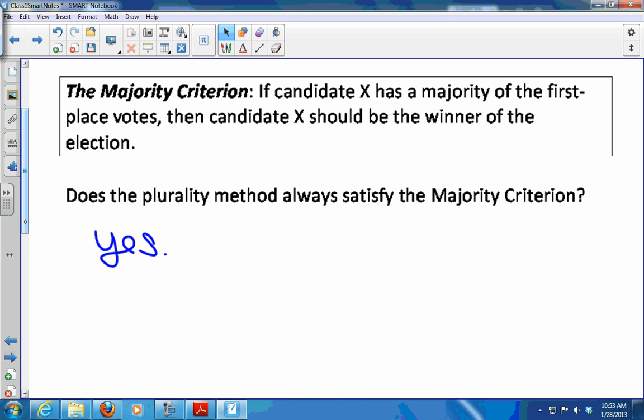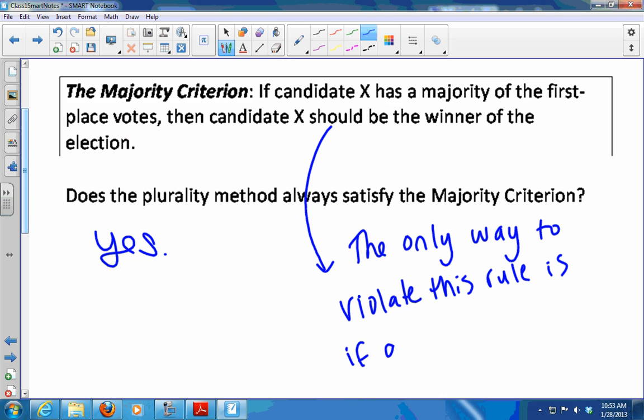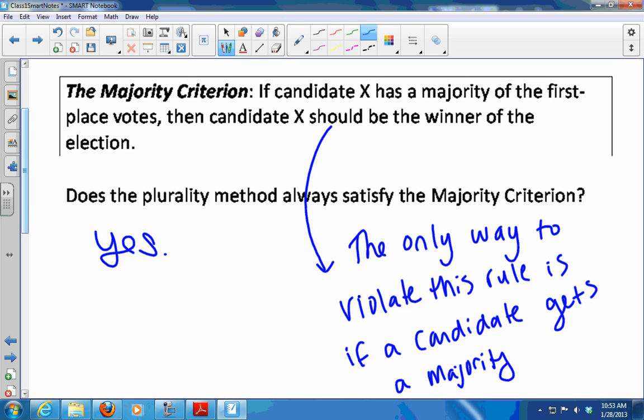I'm going to write this down here to make it clear. The only way to violate this rule is if a candidate gets a majority and loses.